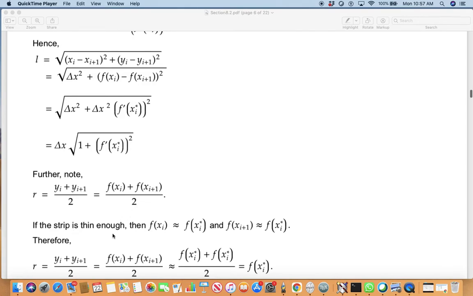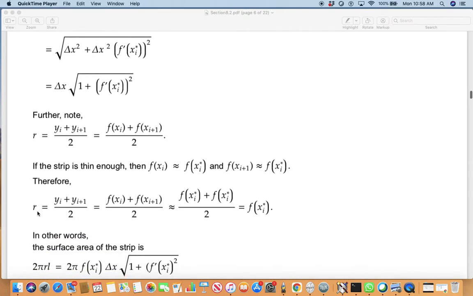Now, if the strip is thin enough, then f(xi) is approximately f(xi star). Likewise, f(xi+1) is approximately f(xi star). Therefore, the radius r, which is the average of these two, is approximately (f(xi star) + f(xi star)) over 2.